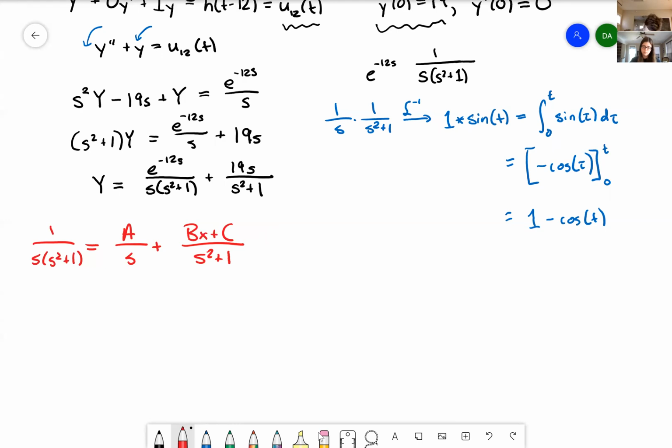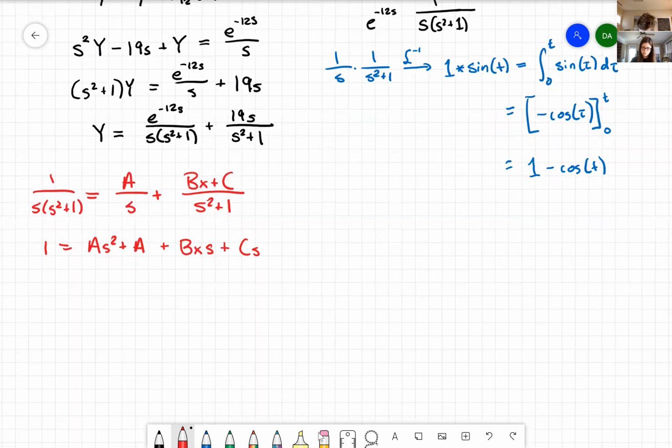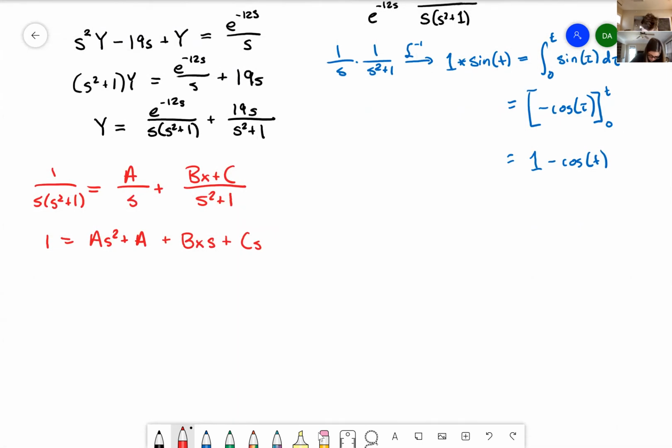So this will be 1 equals A s squared plus A plus B s squared plus C s.